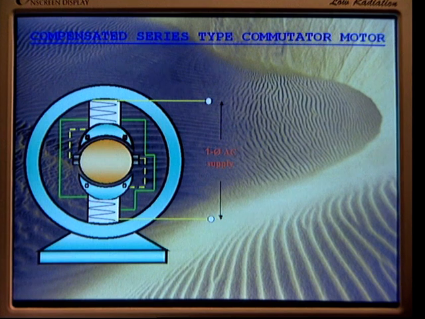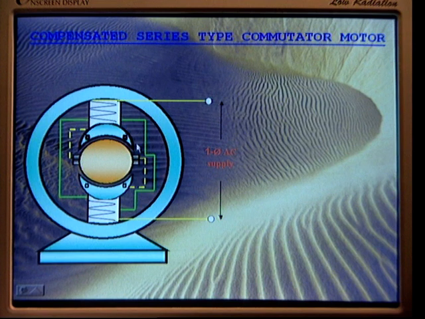Here you can see the armature, and this is the pole shoe. One thing you can remember: the number of turns of the main field is less, thereby it produces less flux. Due to the production of less flux, the air gap between the rotor and stator is very small.